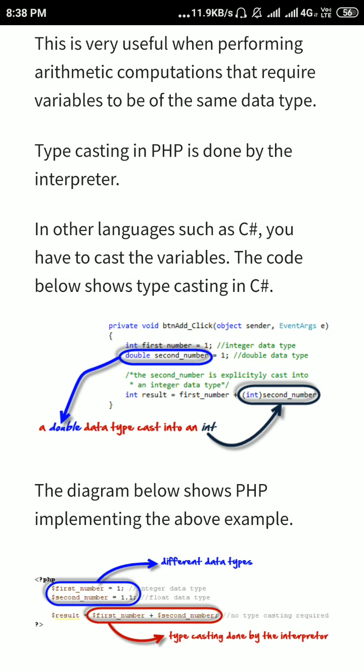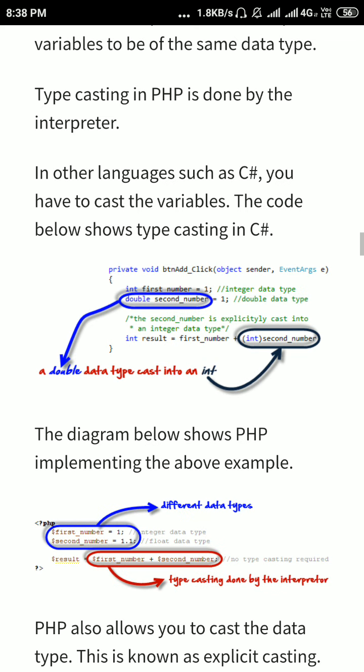The code below shows the typecasting in C sharp. But let us understand how typecasting works in PHP. If I have written first number is equal to 1 and the second number is equal to 1.1, you can understand here both data types are different. One is in integer form and another is in floating form.